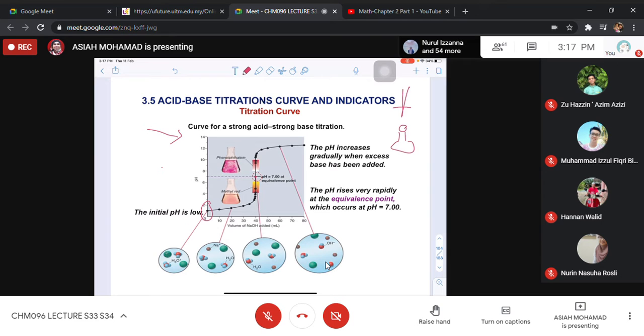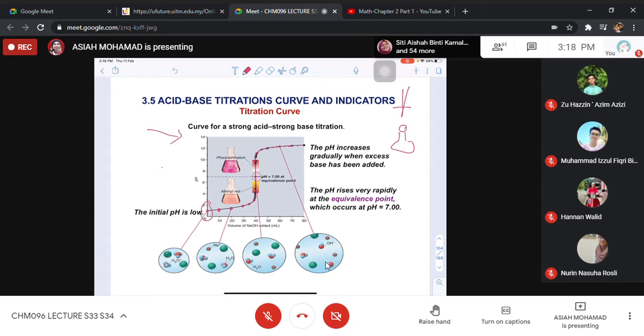Upon addition of sodium hydroxide, the pH gradually increases, but approaching the equivalent point it rapidly increases, and then if you add more base, the pH gradually increases to a basic range.